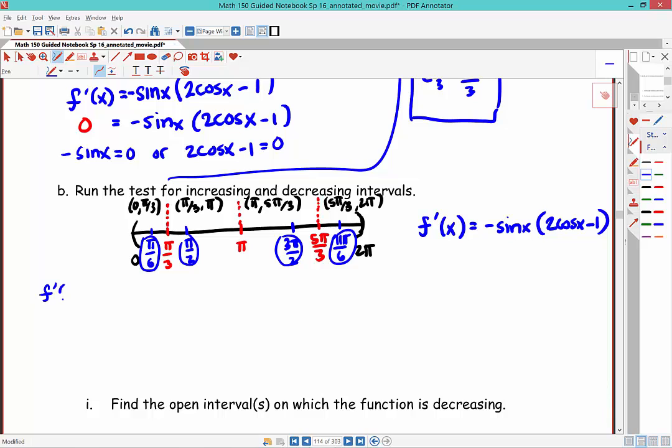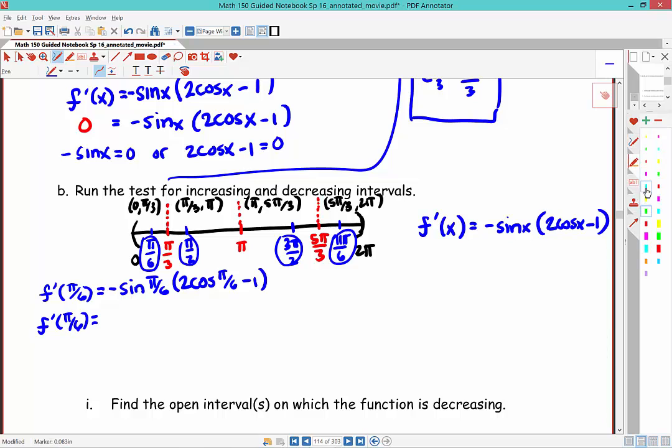f prime at pi over 6, so we're testing our first interval, is negative sine at pi over 6 times 2 times cosine at pi over 6 minus 1. Again, we are plugging in pi over 6 wherever we see an x in our derivative function.